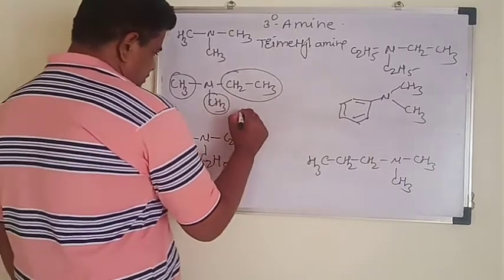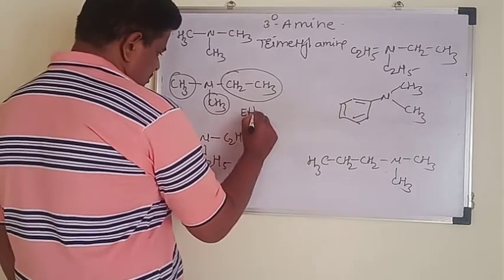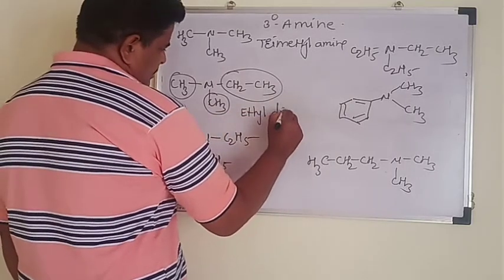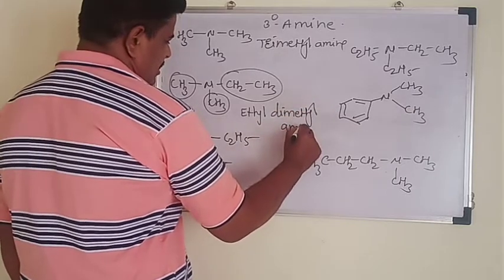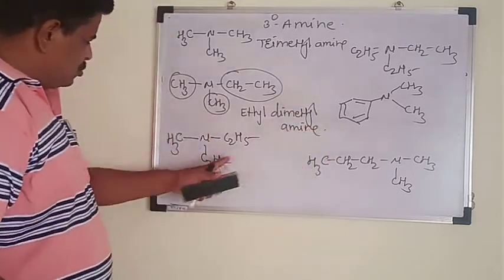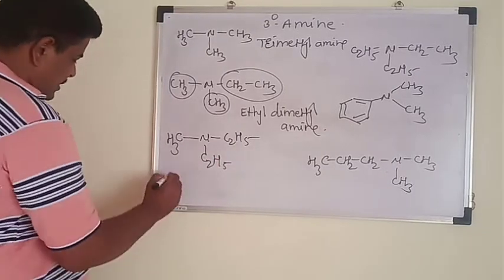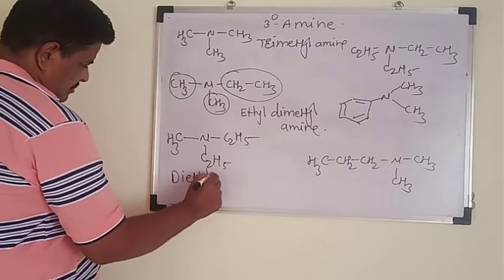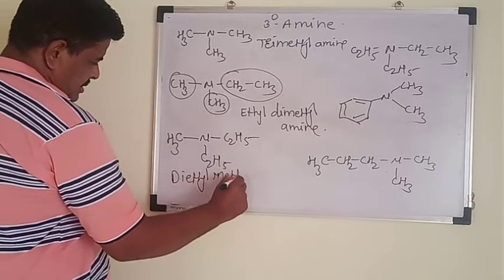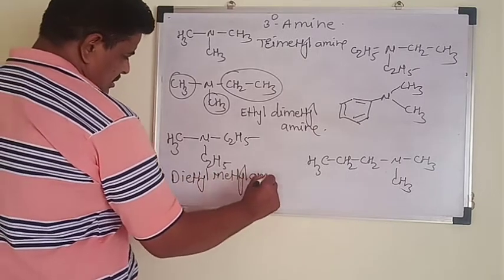So it becomes ethyl dimethyl amine. Here, 2 ethyl groups are similar. So it is named as diethyl methyl amine.